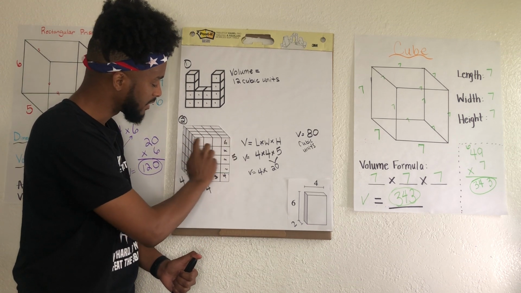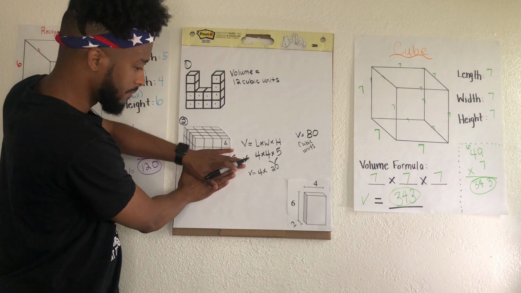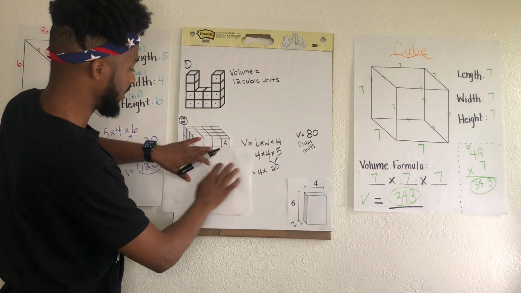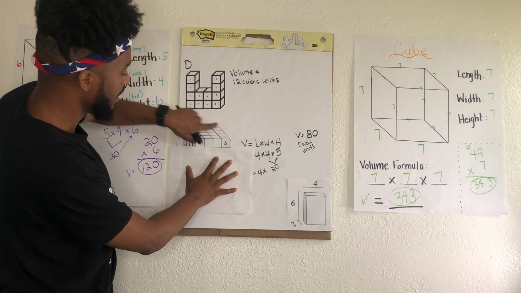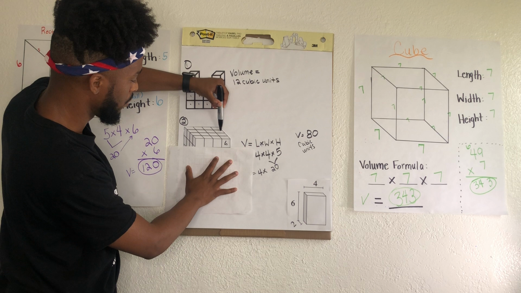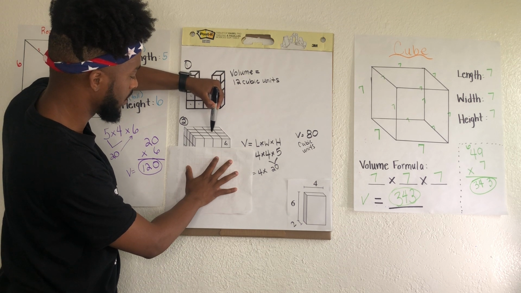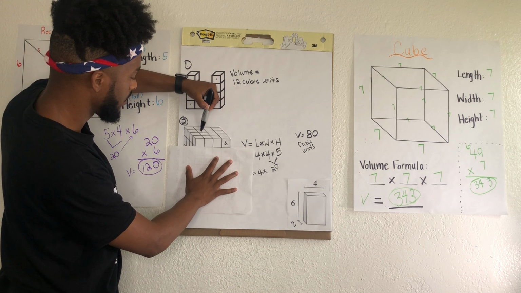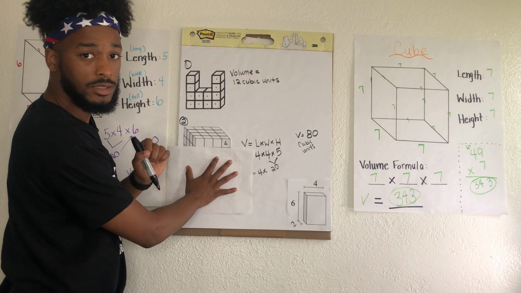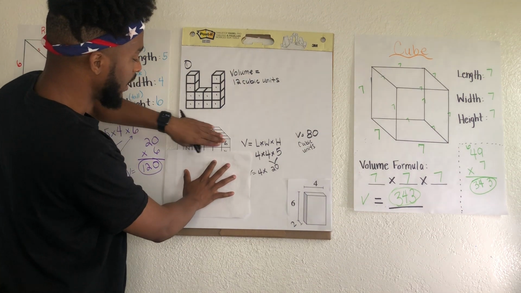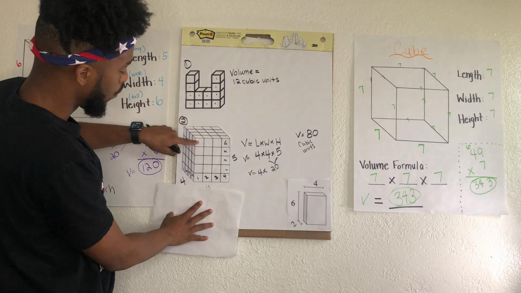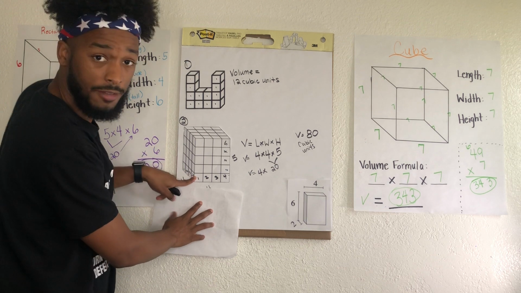So this top layer, if I was only looking at this top row, how many cubic units are right here? So let's count. 1, 2, 3, 4, 5, 6, 7, 8, 9, 10, 11, 12, 13, 14, 15, 16. So there's 16 cubes in this one layer, but there are 1, 2, 3, 4, 5 layers.